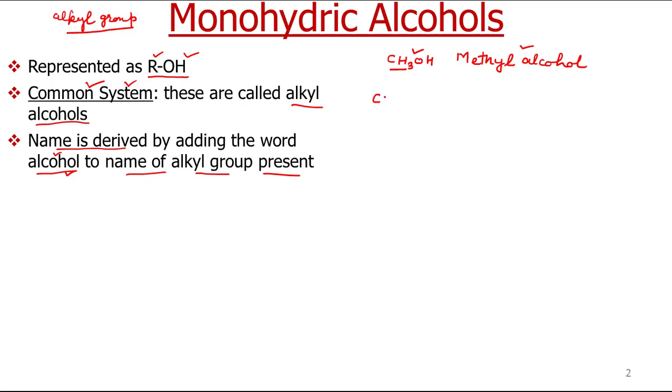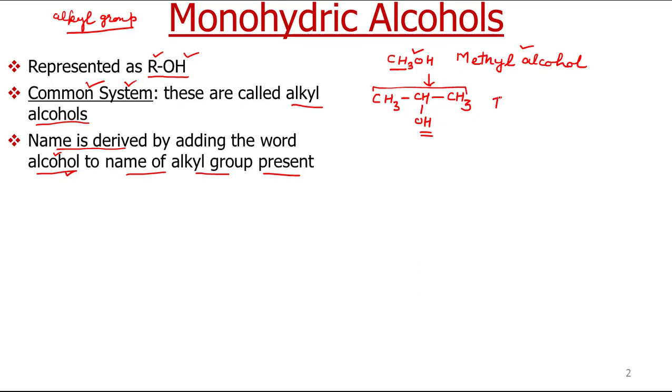Similarly, let us see what will be the name of this compound: CH3CHOHCH3. Here we are discussing the naming of only monohydric alcohols, that means those alcohols which contain only one OH group per molecule. Now here the alkyl group is this, and this group is called isopropyl.